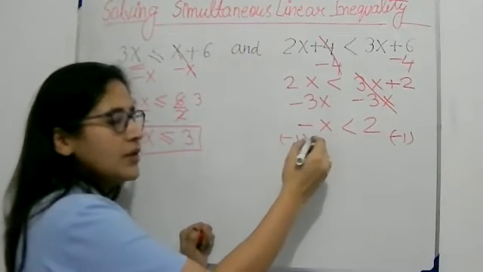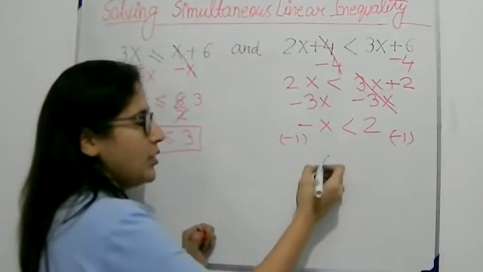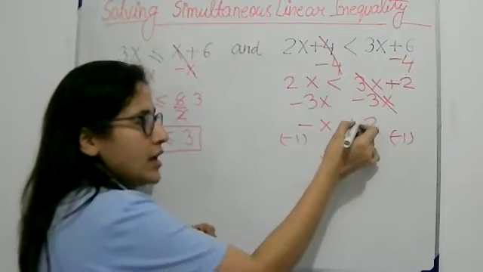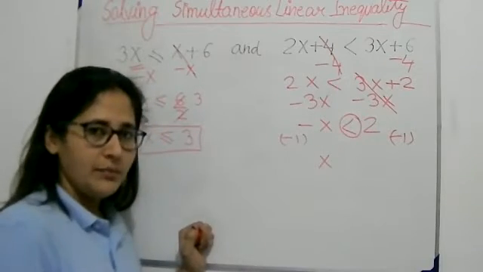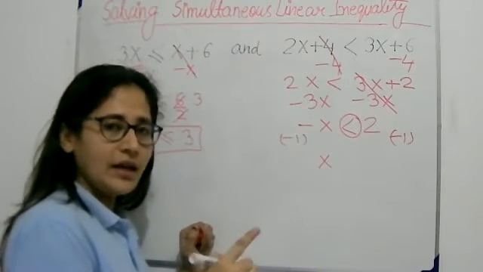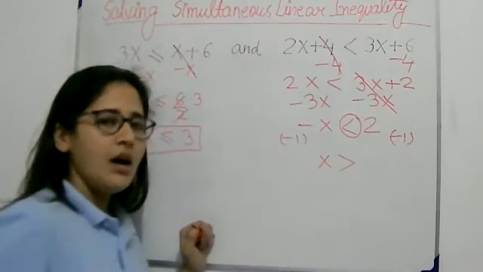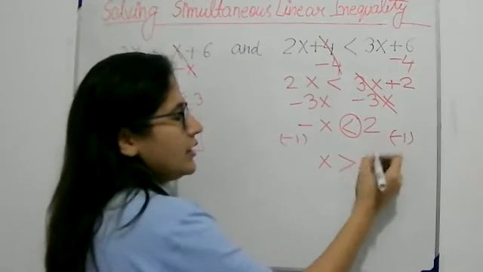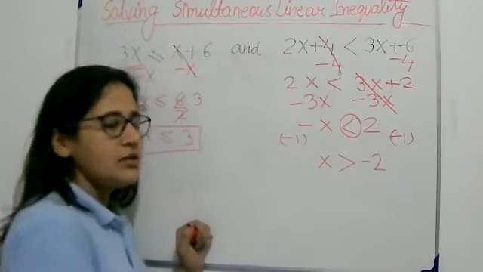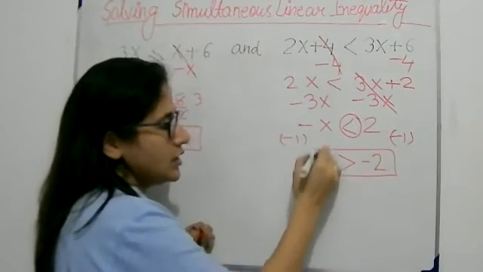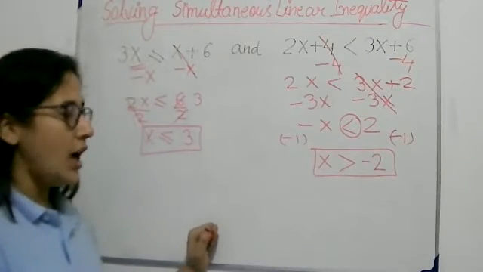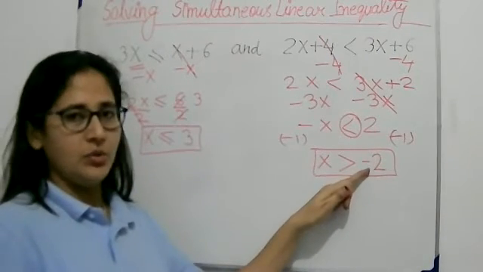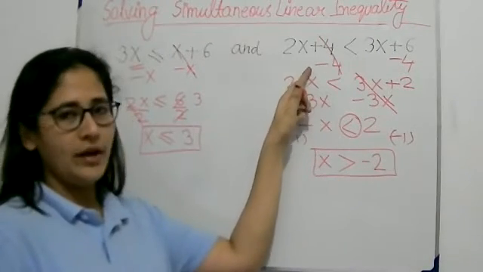So minus 1 multiplied by minus x will be positive x. Here it is less than, but because we are multiplying both sides by a negative number, the sign will be opposite. Reverse the sign, it is greater than minus 2. So what are the solutions? All those values which are greater than minus 2 will satisfy this inequality.